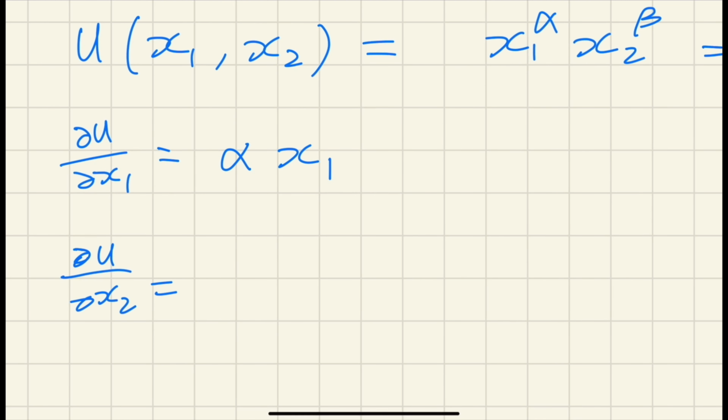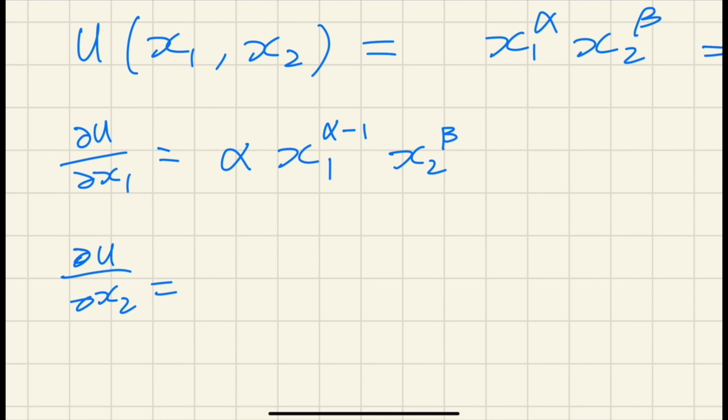Here we have to subtract the power by 1, so alpha minus 1. And the second part here is going to stay constant, as we said, because we're treating it just like any number, so x2 to the power of beta. Maybe now try stopping this video if you didn't do it correctly, and solve the second part of this question.